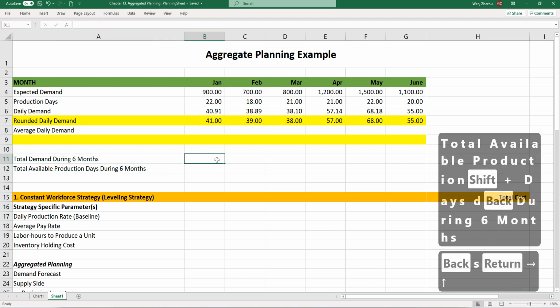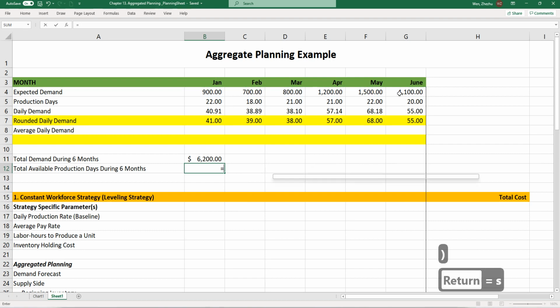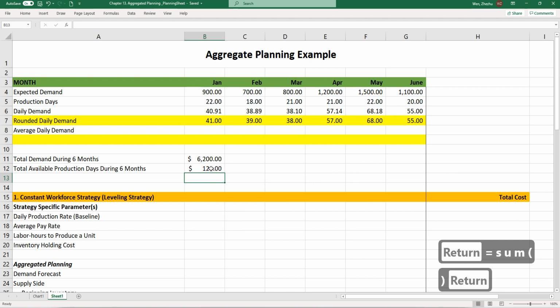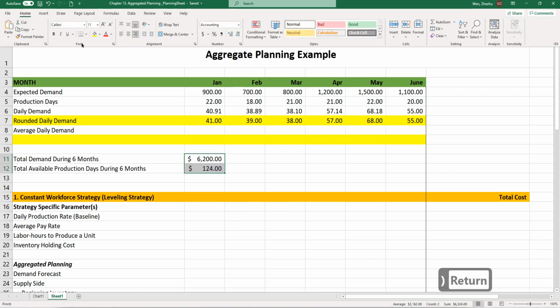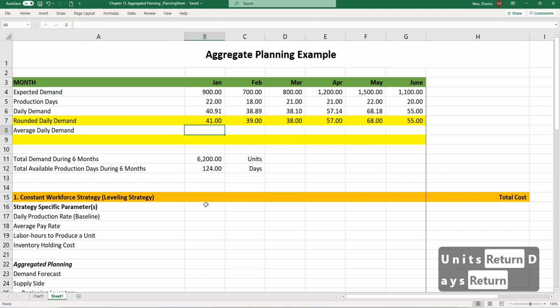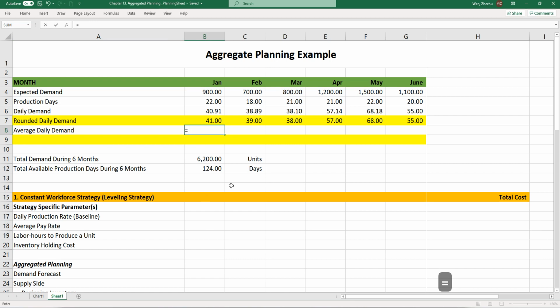Okay, so that's a simple summation of all the quantities here, and the other one is the summation of this particular row. So those are not accounting information, rather those are regular units, right, and days. So your average daily demand is going to be this number divided by this number. Okay, so your average daily demand is 50.